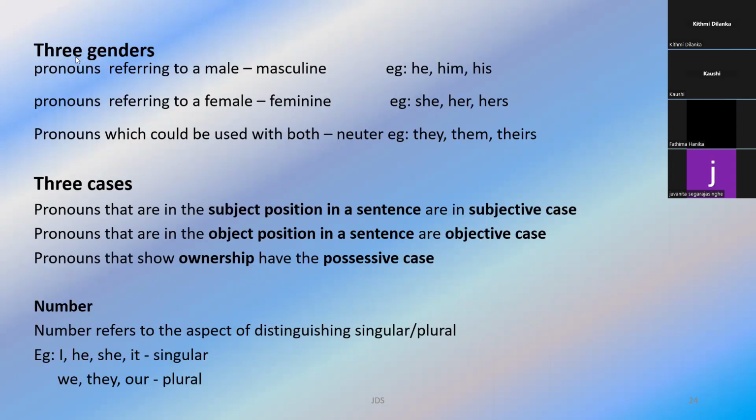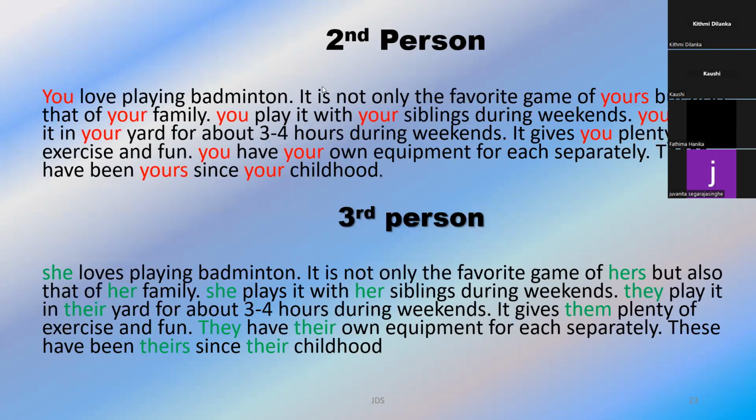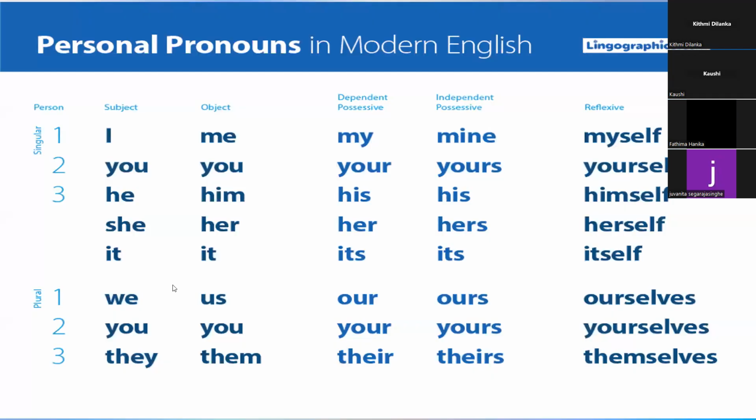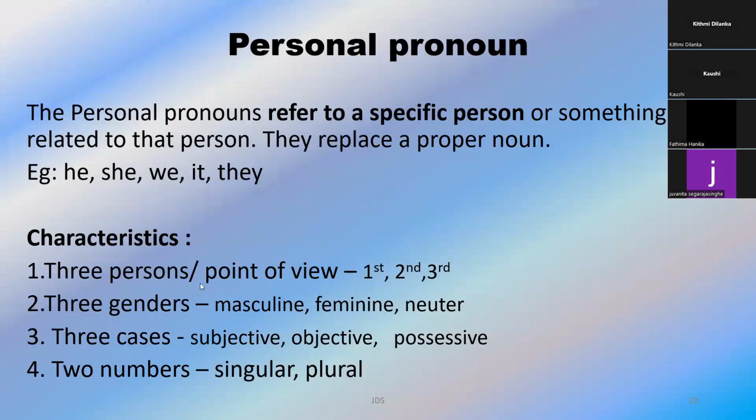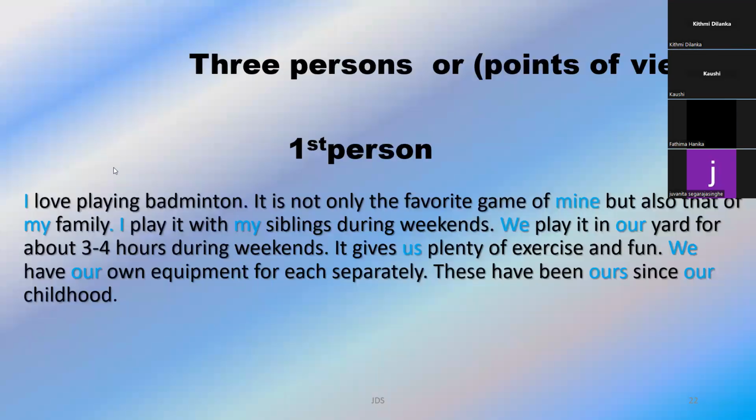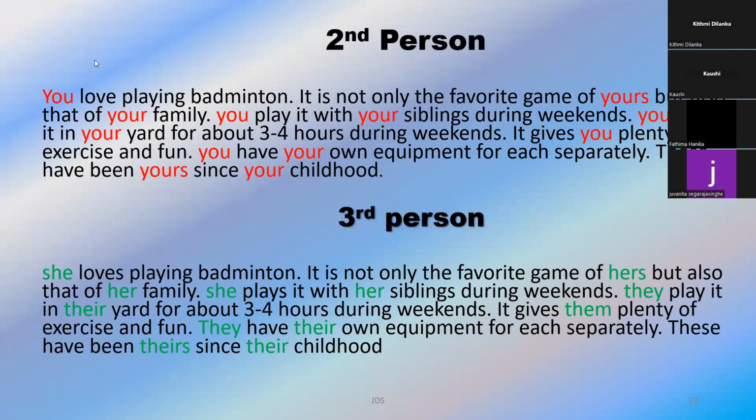Then look at the three genders. So we are focusing on the characteristics of personal pronouns. The first characteristic is the different points of view, first, second, and third. Then you have the gender distinction.